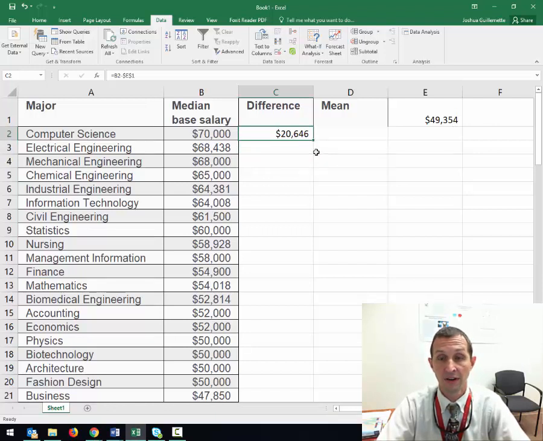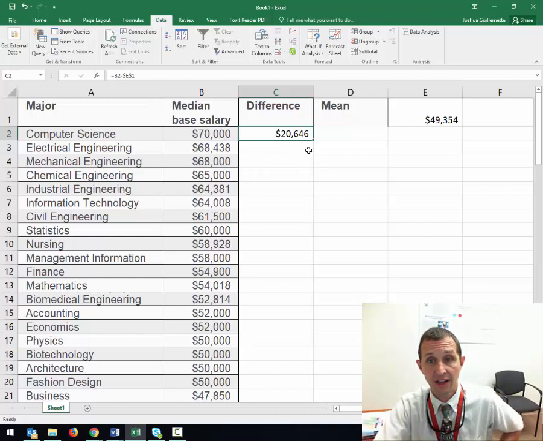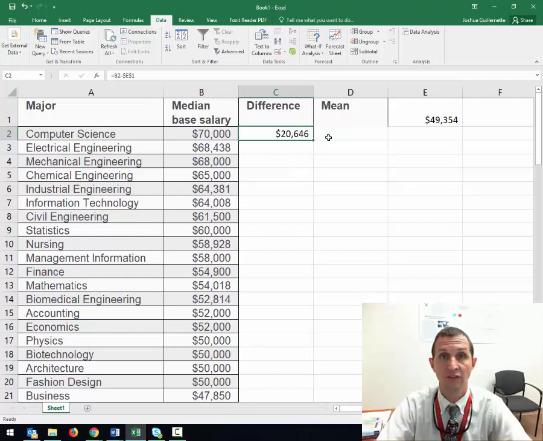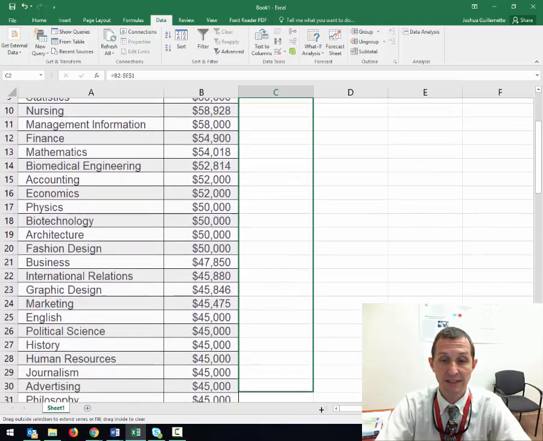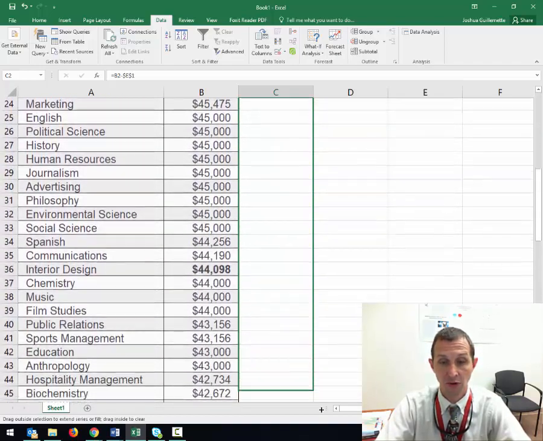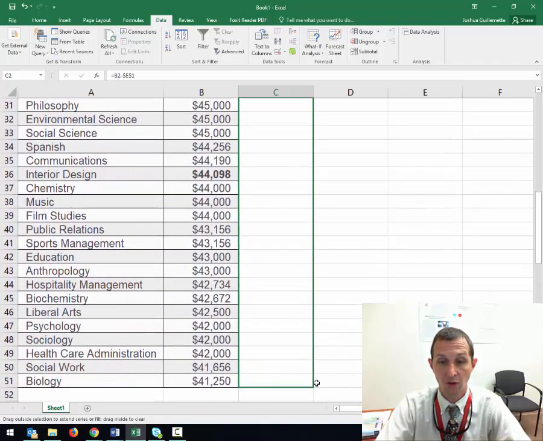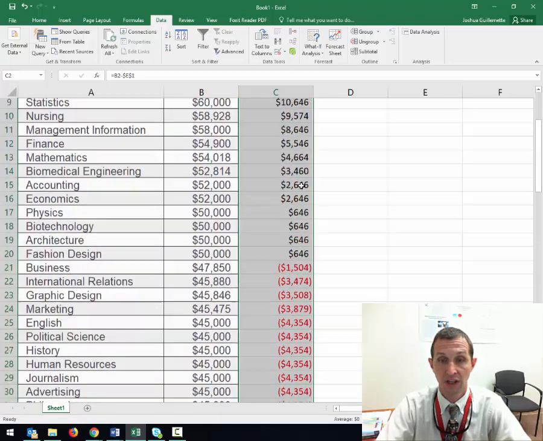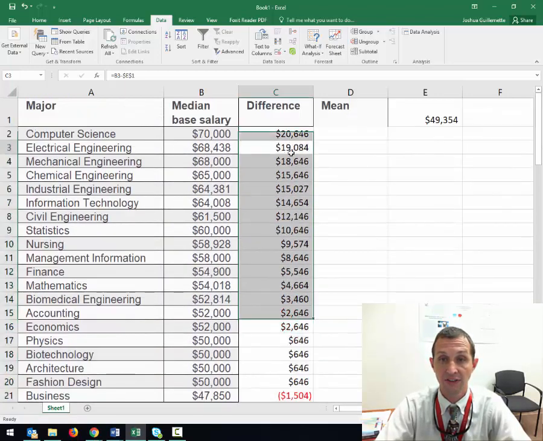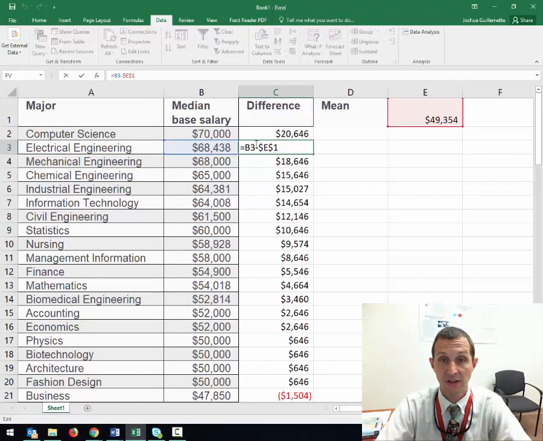and you can see it's $20,646. Now, in Excel, this little box here in the corner, if you grab that, if you make a little cross here and grab that and start dragging down, what it does is it copies and pastes the formula into all the rest of the cells. And so what you can see here is this one is also this 68,000 minus the 49,000.